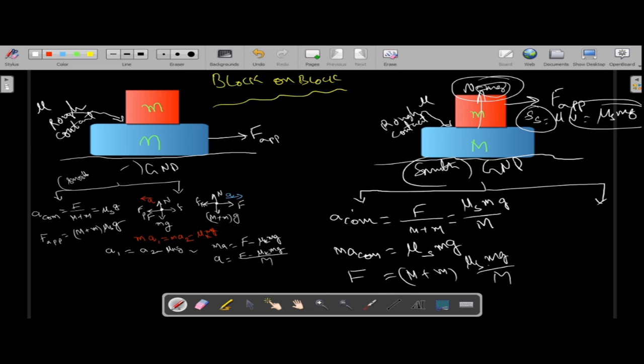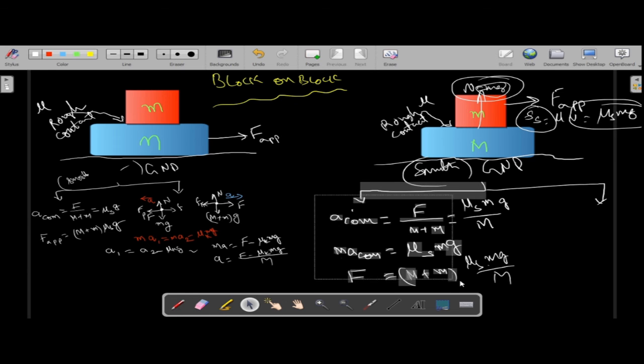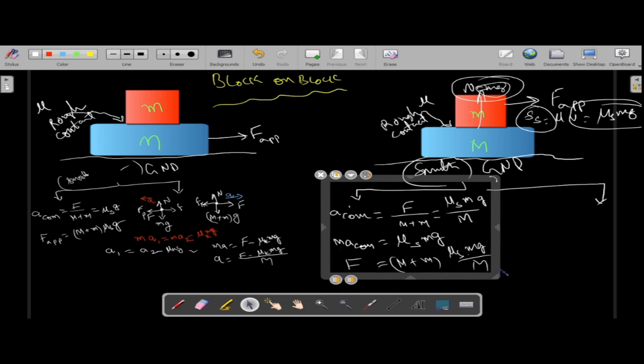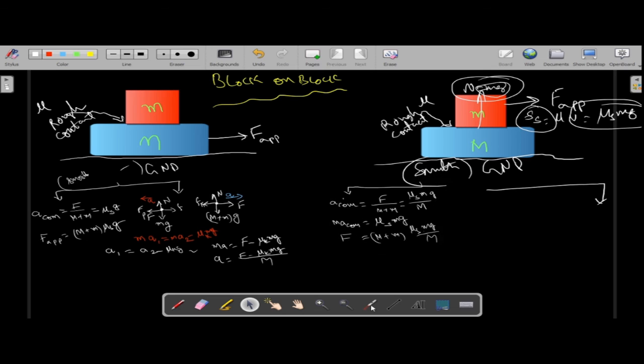On the other hand, if the system has different accelerations, how can we proceed for this case? Let us see. For the different accelerations, first of all let us prepare the free body diagram for the smaller block. You are applying force in this direction and it has a kinetic friction in this direction, normal reaction acts upward and mg acts downward.